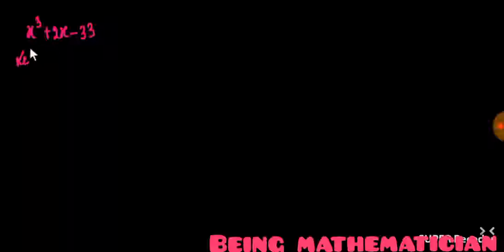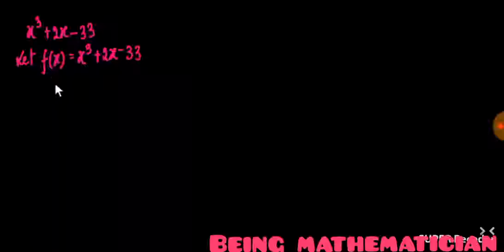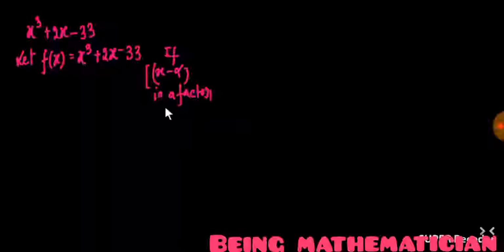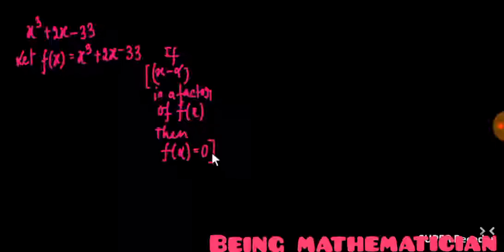So let f(x) be equal to x cube plus 2x minus 33. f(x) means function of x. So we know the factor theorem. By the factor theorem, if x minus alpha is a factor of f(x), then f of alpha is equal to 0.